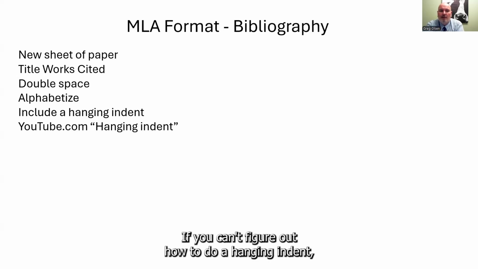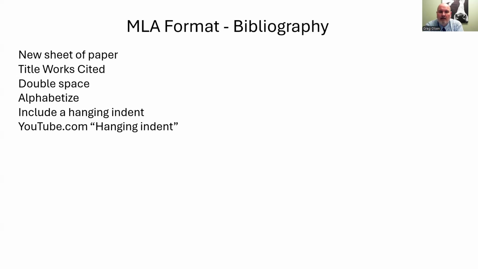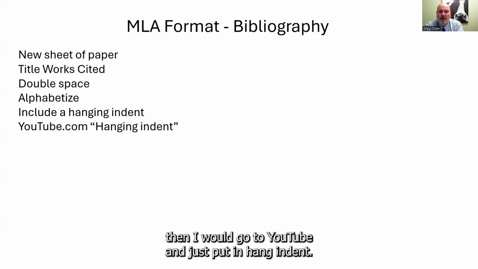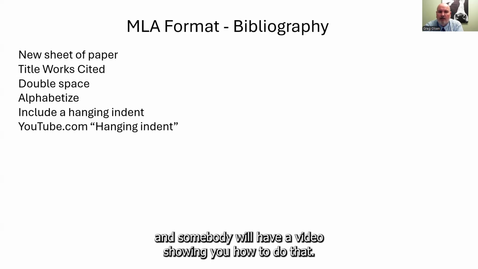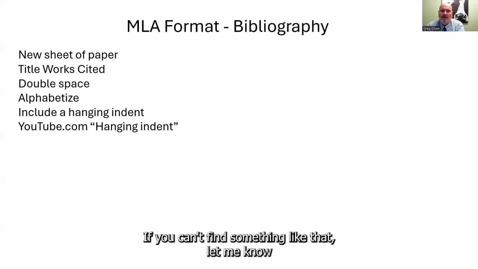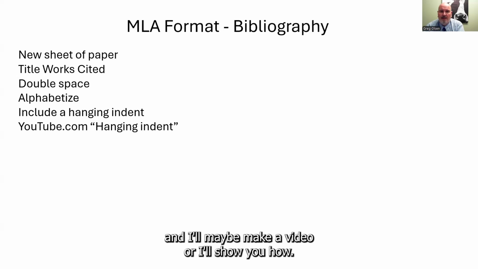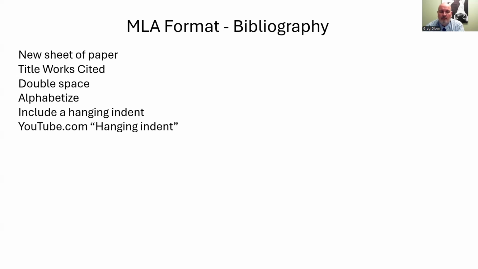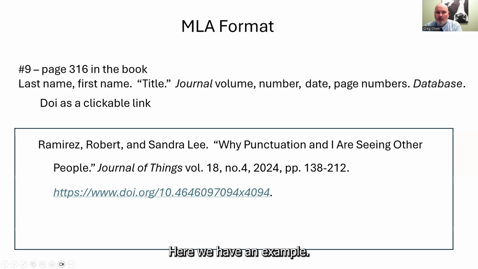If you can't figure out how to do a hanging indent, then I would go to YouTube and just put in hanging indent and then whatever program you're using to write the paper, and somebody will have a video showing you how to do that. If you can't find something like that, let me know and I'll maybe make a video or I'll show you how. Here we have an example.